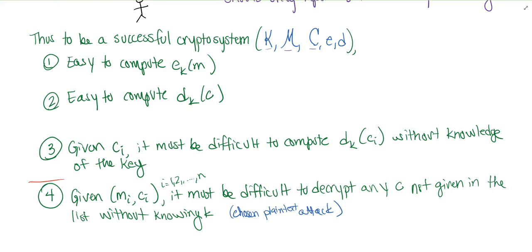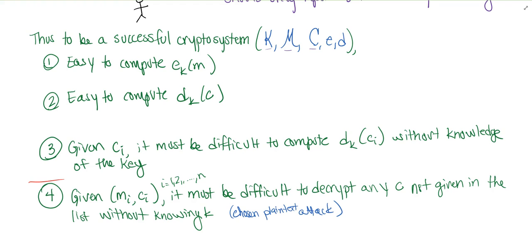The fourth one is desirable, but it's often hard to achieve. If we're given a set of plain text and ciphertext, matched up, so we know that this ciphertext corresponds to this message and vice versa, and we find another message not in this set, then it's still hard to decrypt it without knowing what our key k is. This is called a chosen plain text attack.